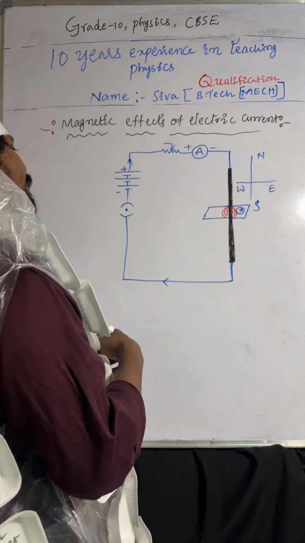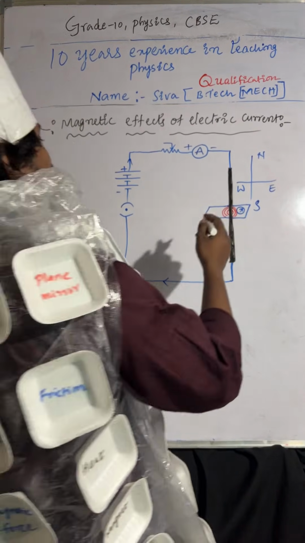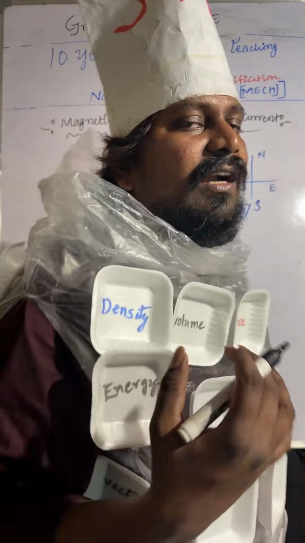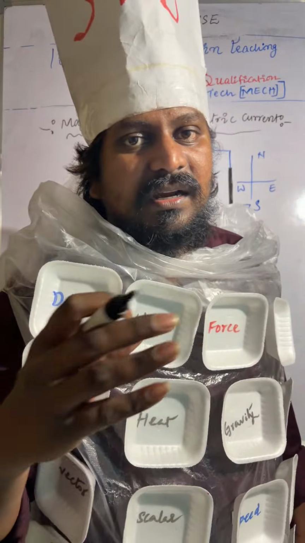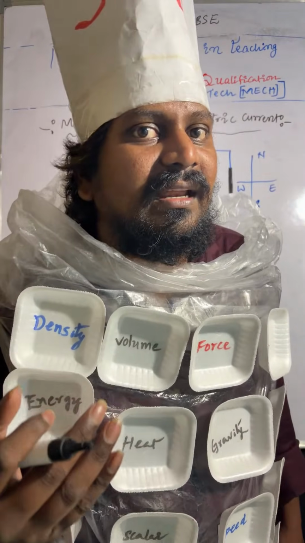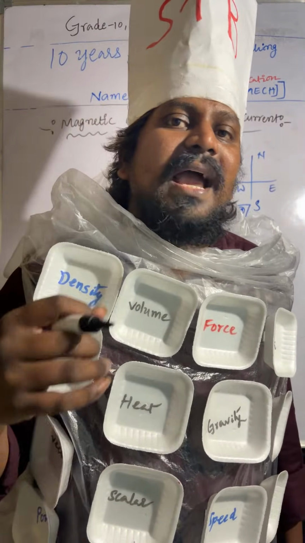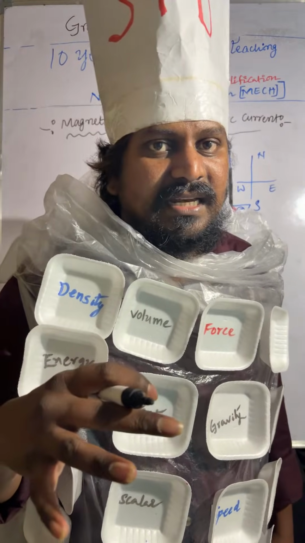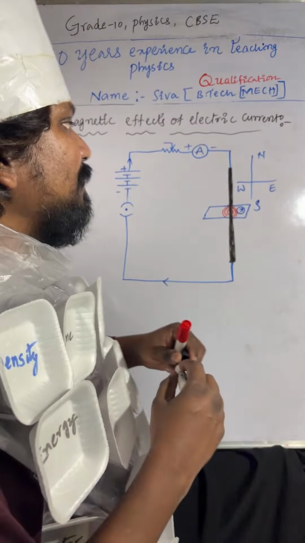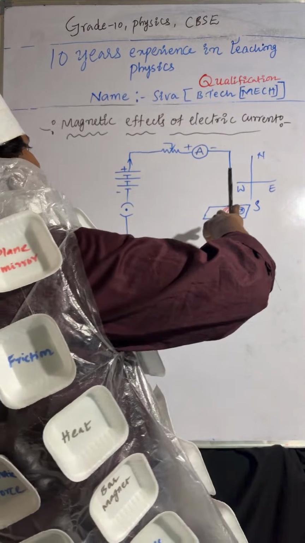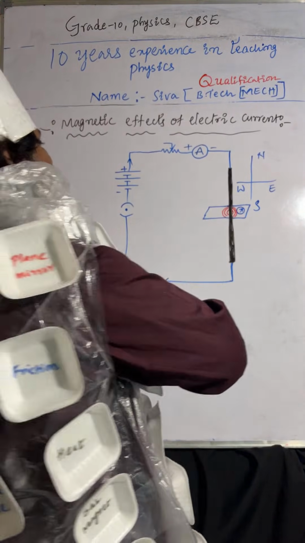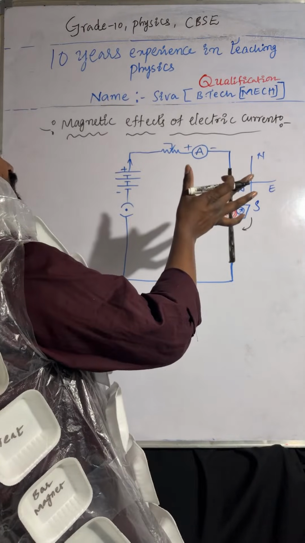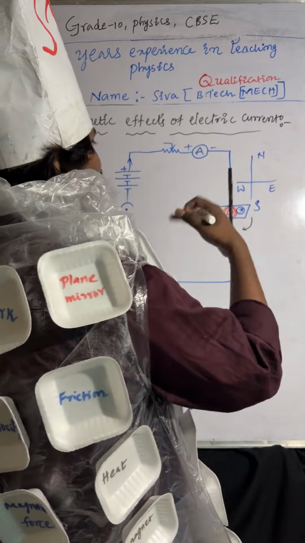Now you can observe that near the conductor, the magnetic field lines are concentric circles. Around the current carrying straight conductor, the magnetic field will be in the form of concentric circles. If the current is passing in the downward direction, the magnetic field will be along this direction. If the current is passing upward, the magnetic field will be anti-clockwise.